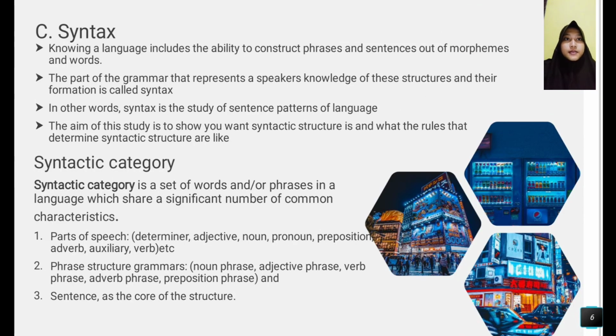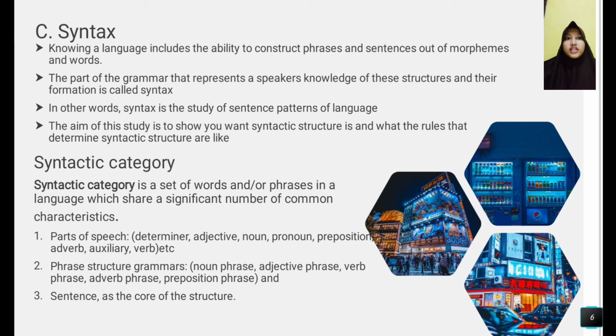And the last material is syntax. The definition of syntax: knowing a language includes the ability to construct phrases and sentences out of morphemes and words, and the part of the grammar that represents a speaker's knowledge of this structure and their formation is called syntax.